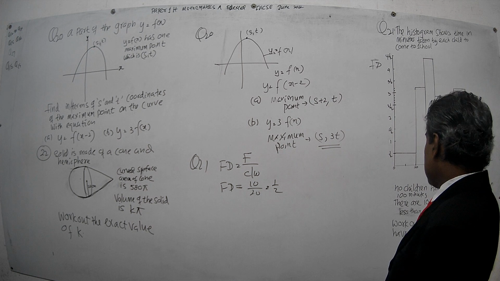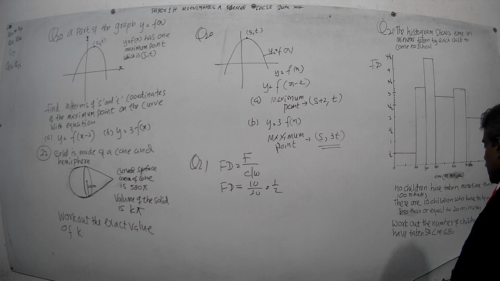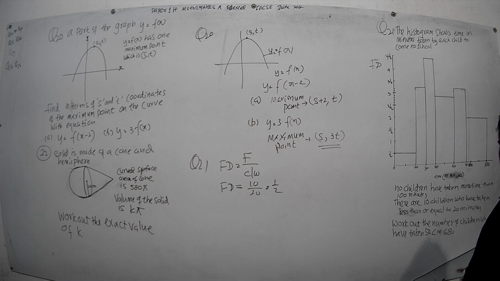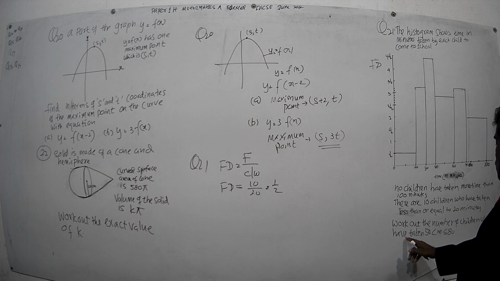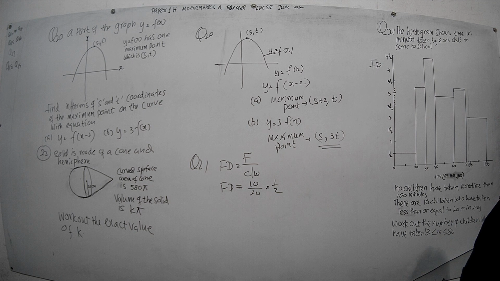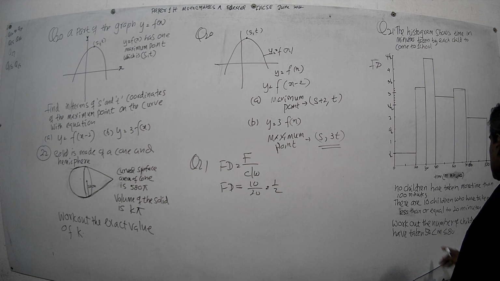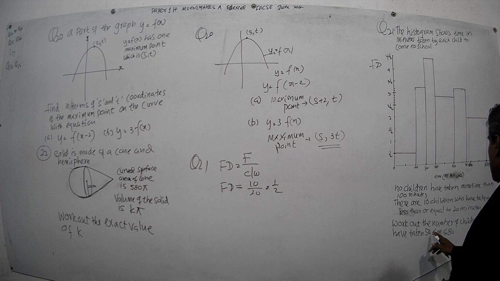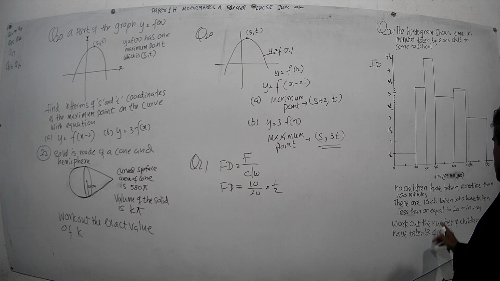Now what are we asked to find here? Work out the number of children who have taken time more than 50 minutes but less than or equal to 80.